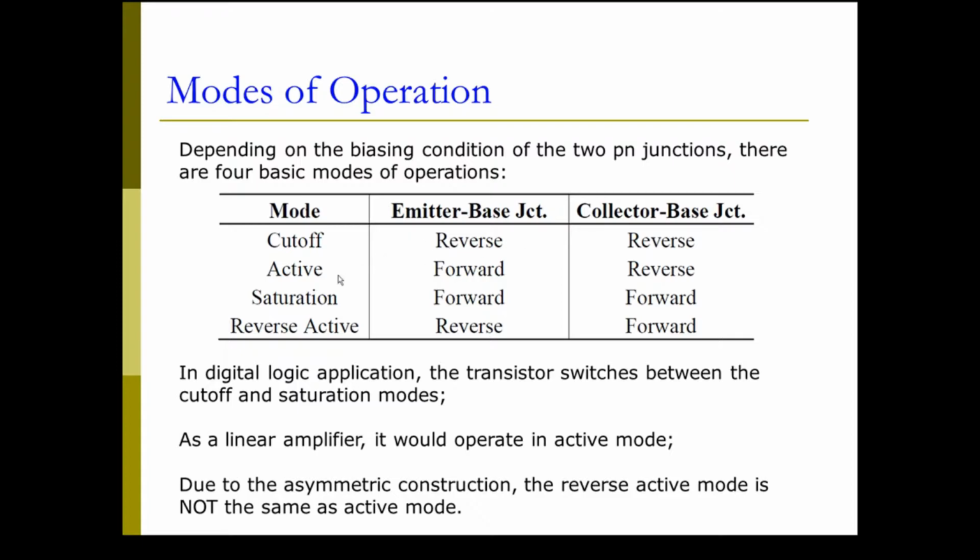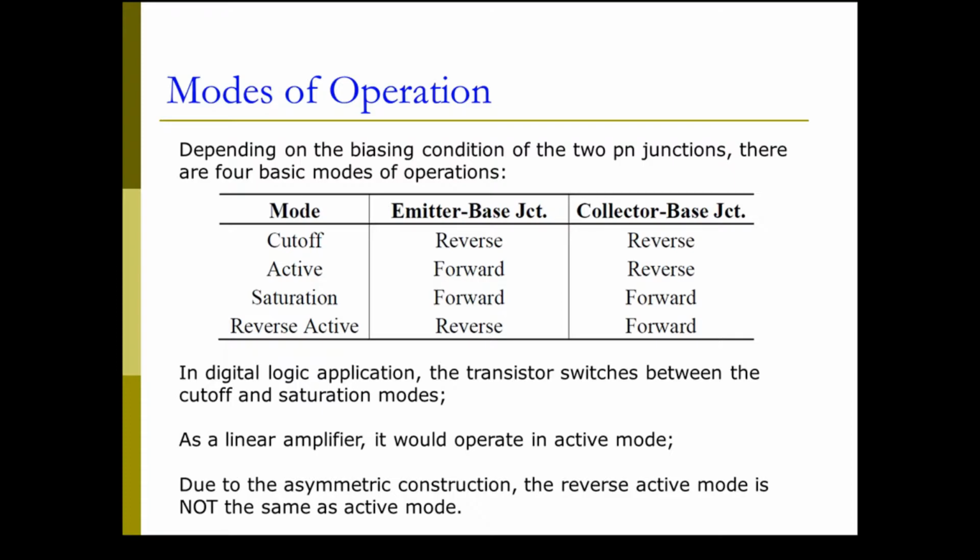The second mode is called active mode. In this active mode, the EBJ is forward biased, and the CBJ is reverse biased. Once we forward bias the EBJ, we generate some base to emitter current, and that current will cause further collector current, even though the collector to base junction is reverse biased.